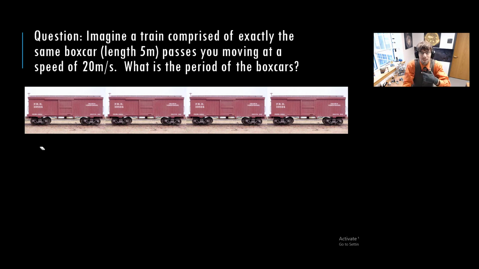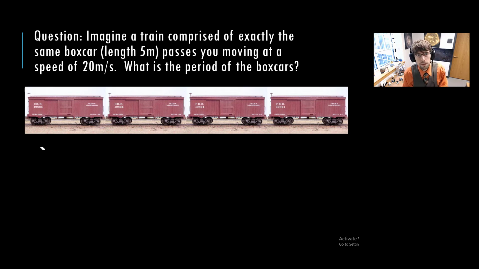Hopefully you see that the period is related to how long the boxcar is. You know that if the train travels 5 meters, then you'll get a repeat. So the alternative question is, how long does it take for the train to go 5 meters? Well, you've got this.